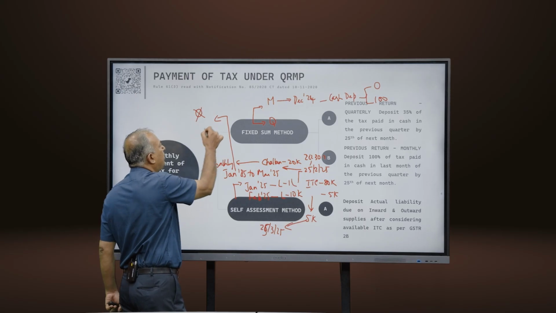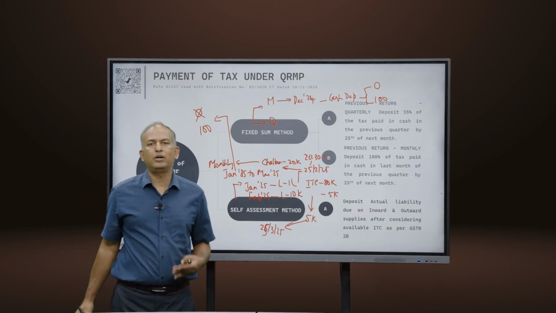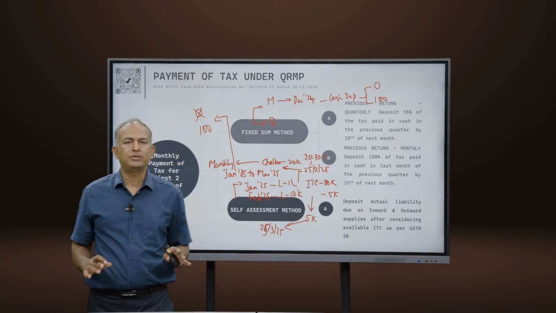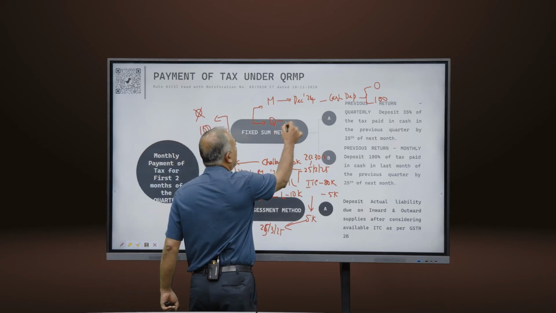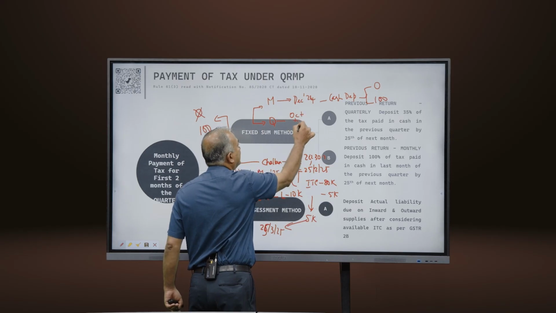If it is 100, he has to deposit 100 rupees. If he deposits 100 rupees, it satisfies the condition of monthly payment under the QRMP scheme, the fixed sum method. Now visualize this. The previous quarter GSTR 3B is actually October to December 2024.